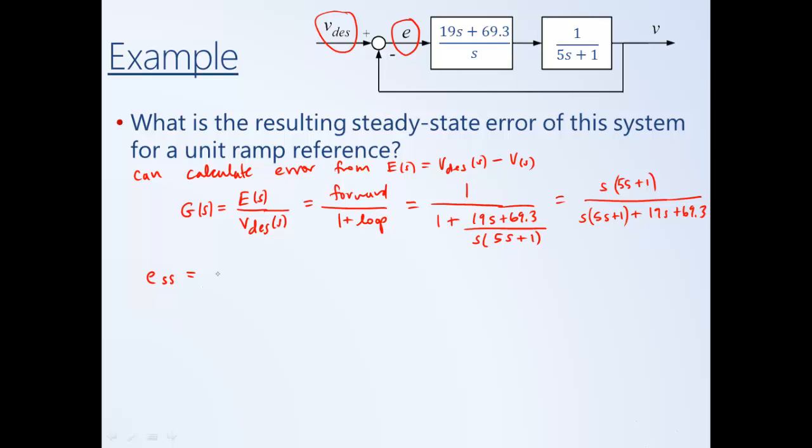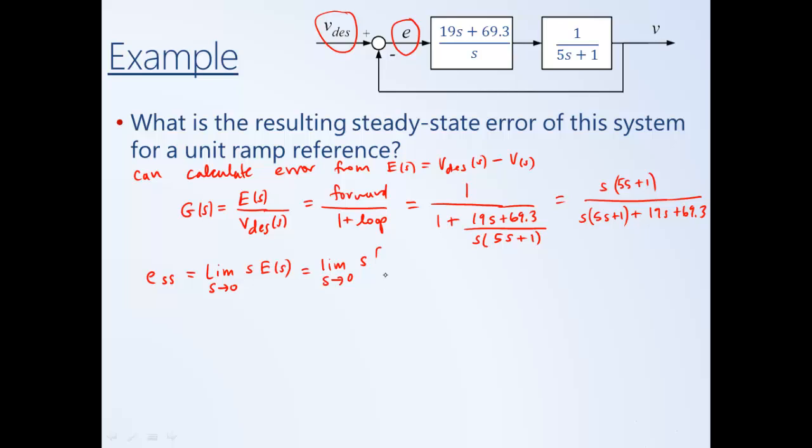So E steady state is equal to the limit as s approaches 0 of s times E of s. Repeating that, E of s divided by v desired is equal to this. So to get an expression for E of s, we just multiply the transfer function by the input v desired.